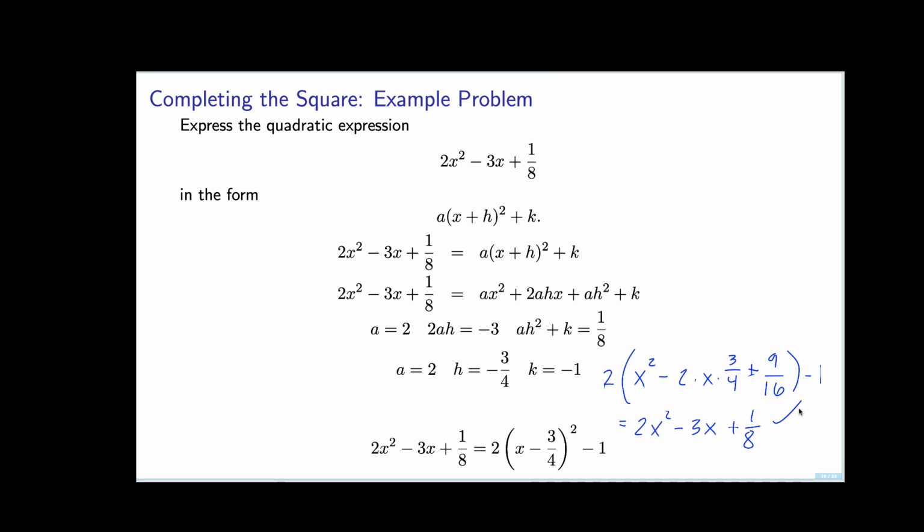And again, what I want to emphasize here is that we didn't have to memorize anything. We simply started with what we were given, the 2x squared minus 3x plus 1/8, and said, okay, what is it that we want this to be equal to? And then we just multiply out, and the key step is here, where we identify coefficients. So keep this technique in mind.